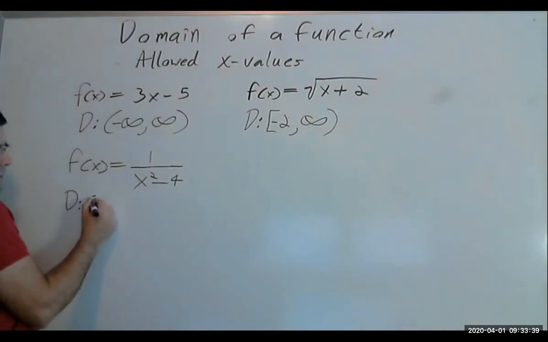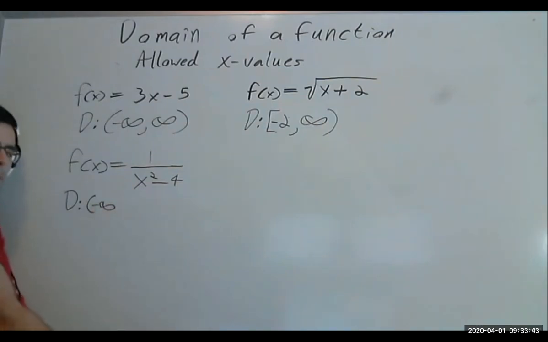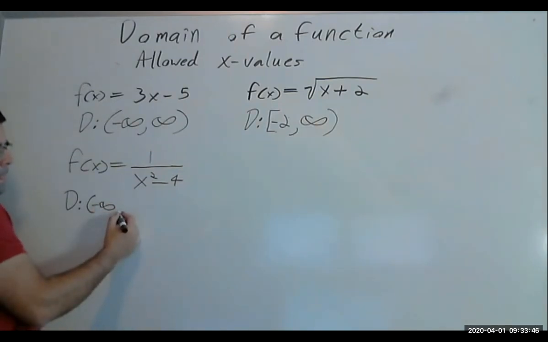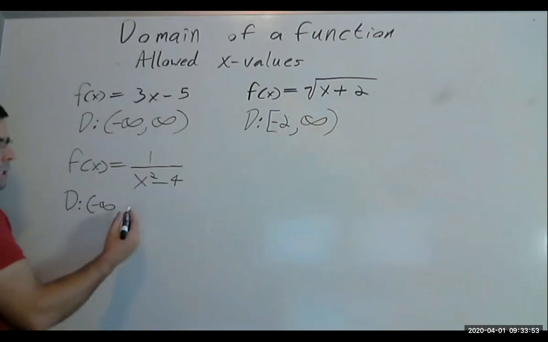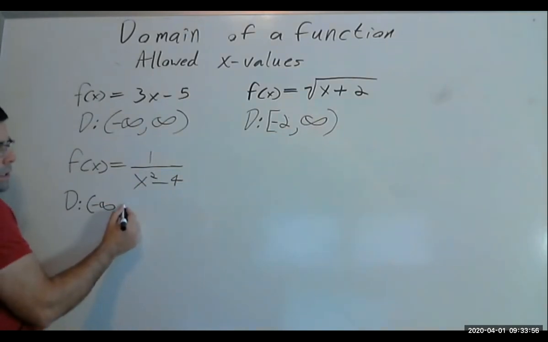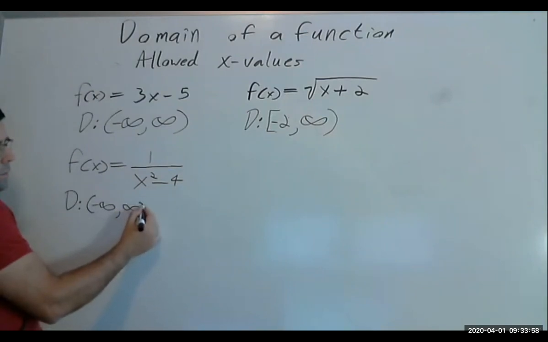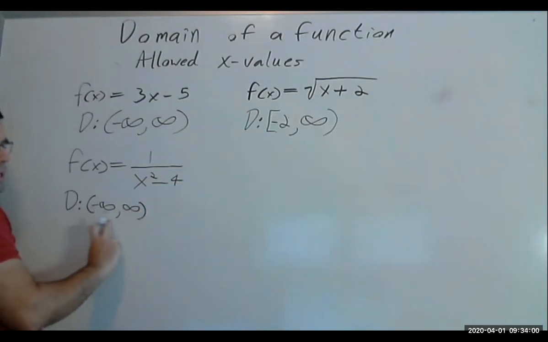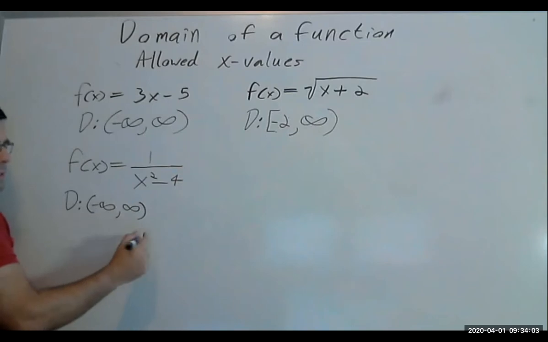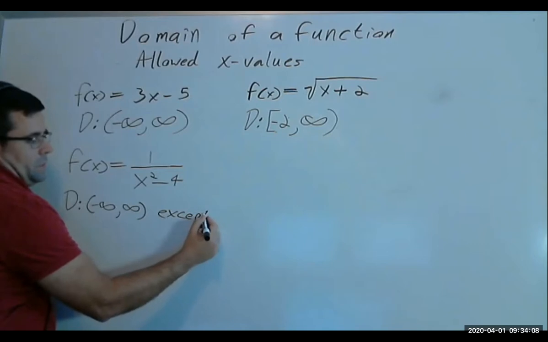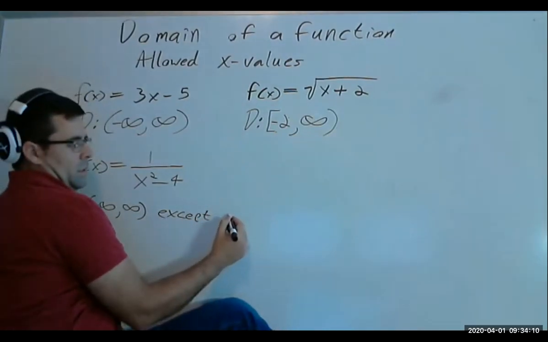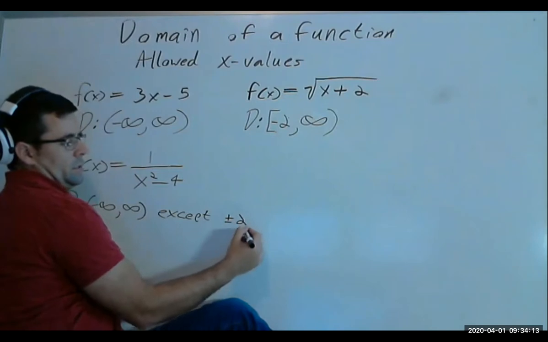So that means that we definitely can go from negative infinity. And there's a couple ways you can write this. One of them is a little bit lazier. You say that you can put any number in there from negative infinity to infinity, except plus or minus 2.